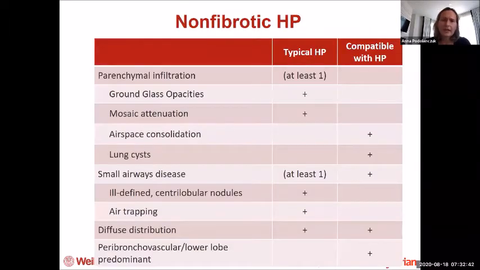It makes it very challenging. So based on the newest guidelines that just came out, non-fibrotic HP has typical findings of parenchymal infiltration and small airways disease.